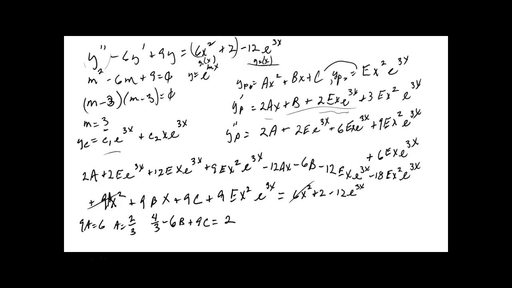Now, I really don't like having fractions in there, so I'm going to multiply everything by 3, and that would produce 4 minus 18b plus 27c, is equal to 6. So let's change that to be 18b minus 27c is equal to minus 2.